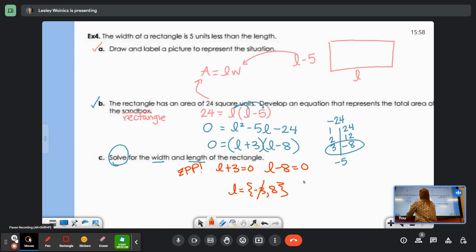Okay, so my length is 8 units. And my width is 8 minus 5, which is 3 units.